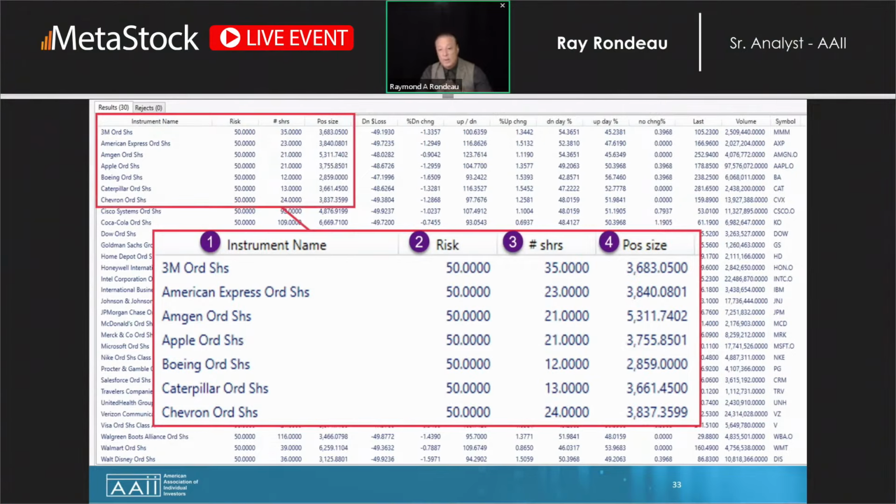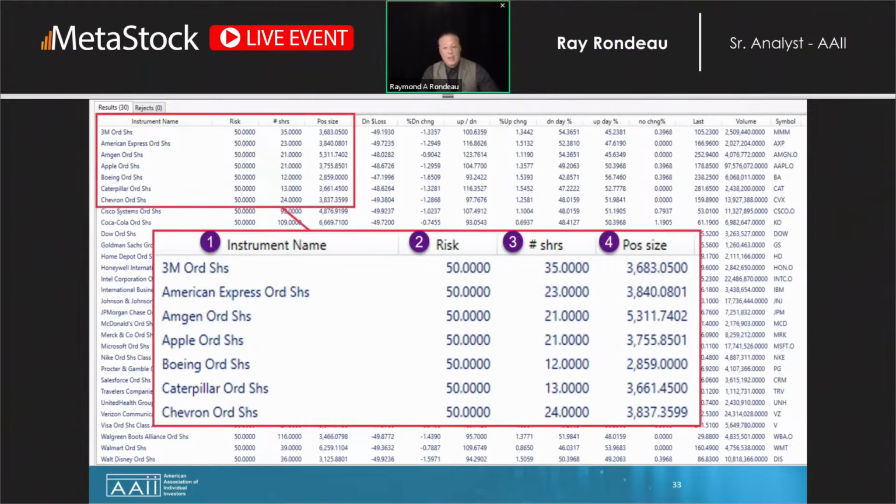Once the risk amount has been entered, the default value is 50, as you can see right here. Whenever an investor wants to initiate a new position so that it has a similar risk profile to all their other positions in the portfolio, they would bring up the ProV Explorer.